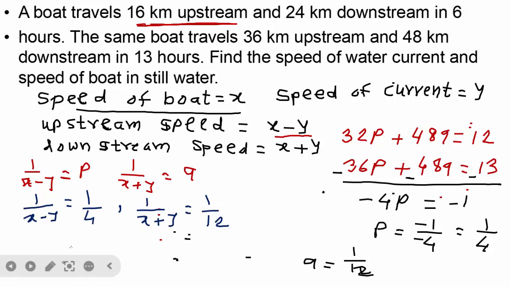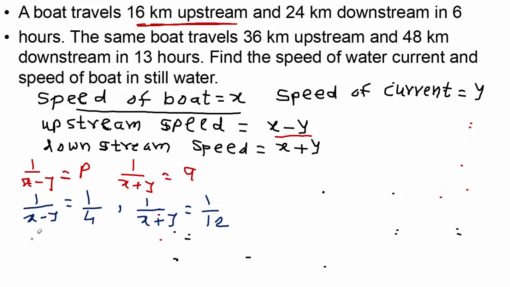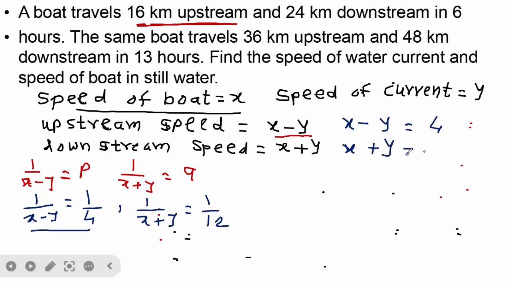From these two, we can obtain the values of x and y. I shall transfer this x minus y to this side and this 4 to this side. Therefore, I will get the equation x minus y equals 4. And from the second, I shall transfer x plus y to the right hand side and 12 to the left hand side, and I will get the equation x plus y equals 12.